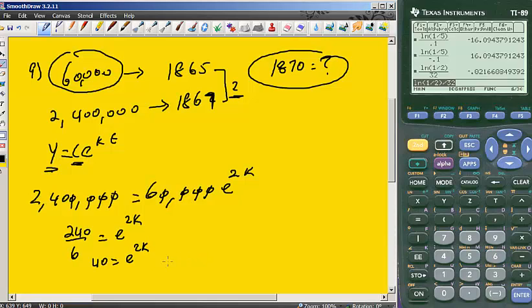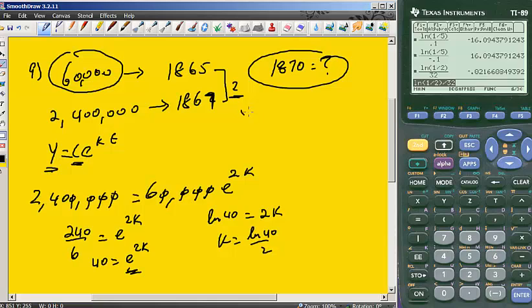So we take ln of both sides. ln of 40 is equal to 2k, because on the right side, e is going to disappear for us. So my k is equal to ln of 40 over 2. You want to leave it like that because you don't want to convert to decimal yet.